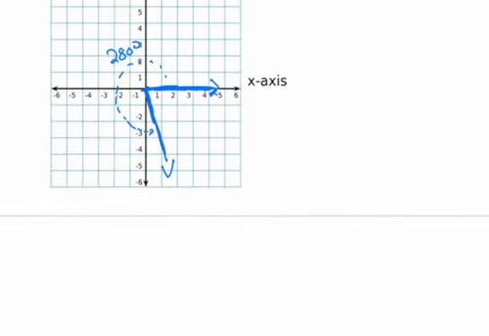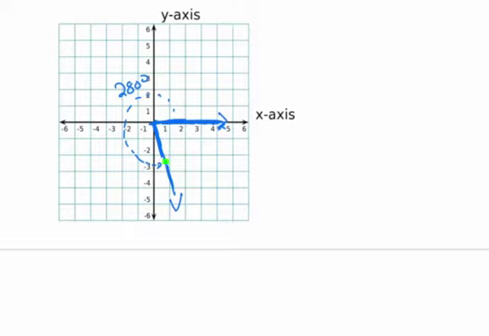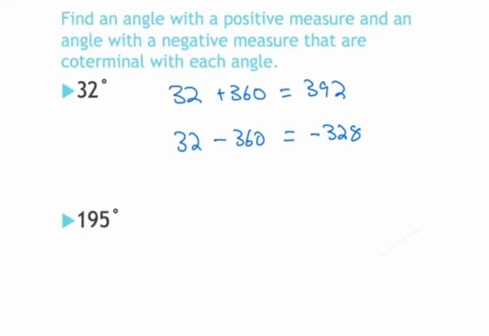So just consider every time you add 360, it's like going around this way, and every time you subtract 360, it's like going around this way. You can keep doing it over and over again, and the angle is always going to wind up in the same place. In general, you're going to add 360 and subtract 360. So 392 degrees and minus 328 degrees, these are both coterminal with 32 degrees.